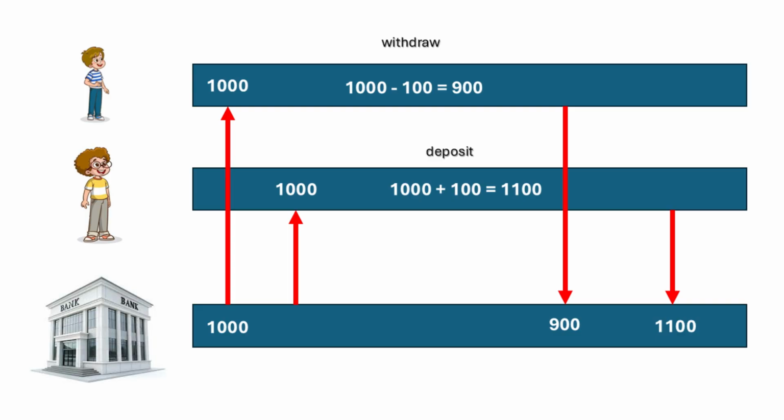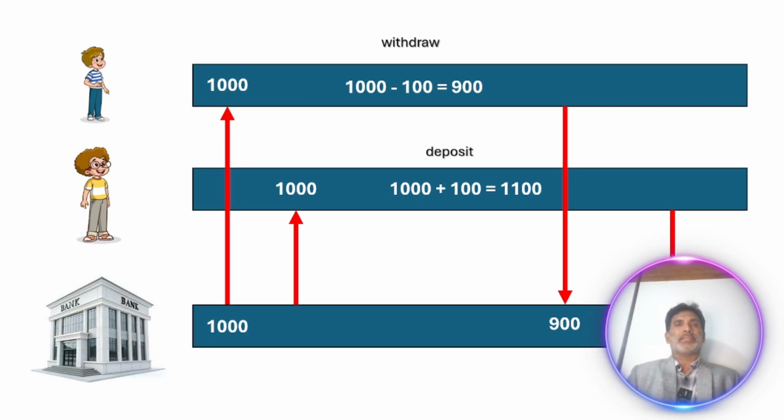This happens because both the operations happened simultaneously without coordination. So this problem is called a race condition. Let us recall the definition. What is a race condition? A race condition occurs when multiple processes access and modify shared data at the same time, and that leads to incorrect results.